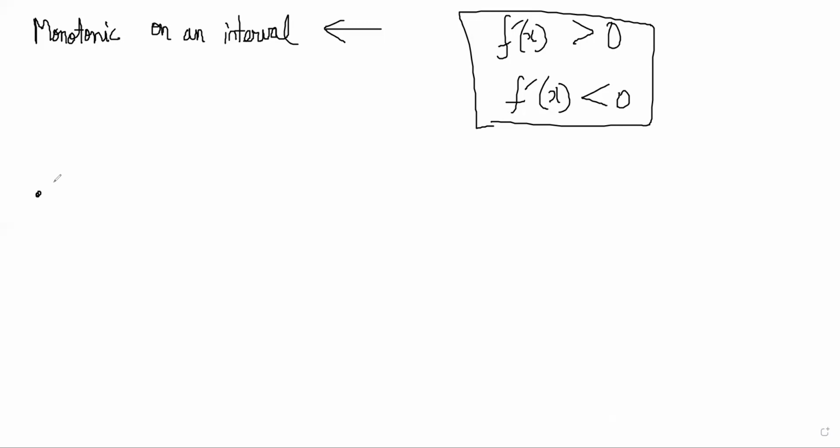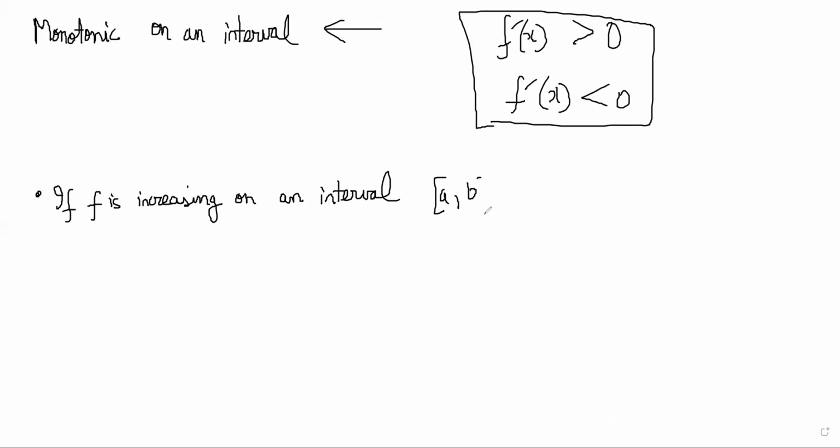So for example, if f is increasing on an interval a to b and is continuous in that interval, right? Then the maximum and minimum value will be what? Maximum minimum value on this interval will be f of b will be max, right? And minimum will be f of a.